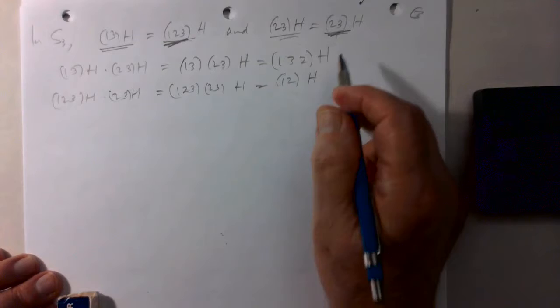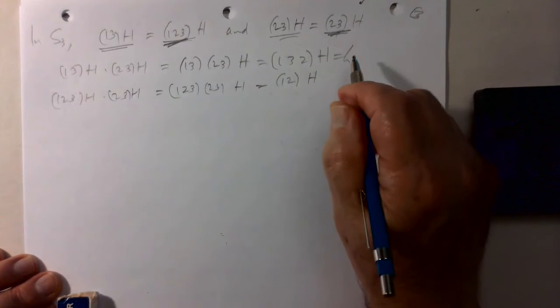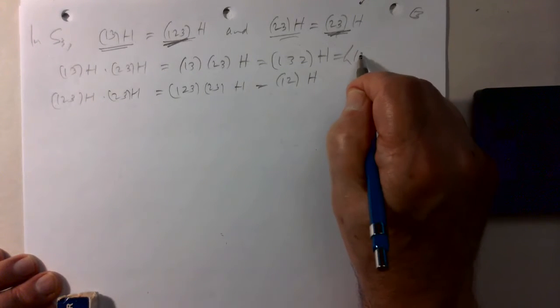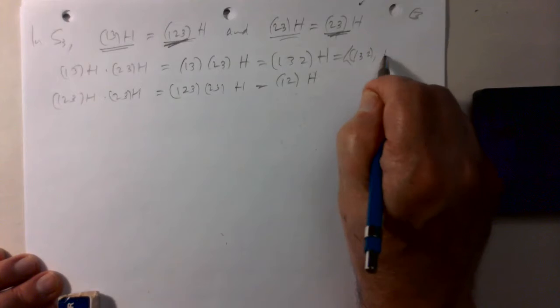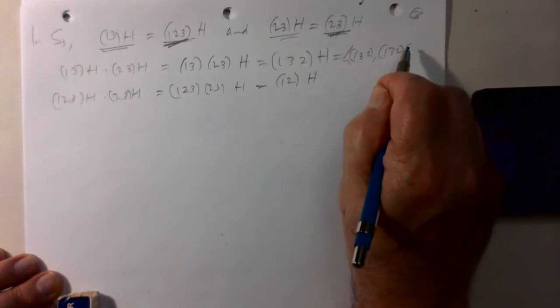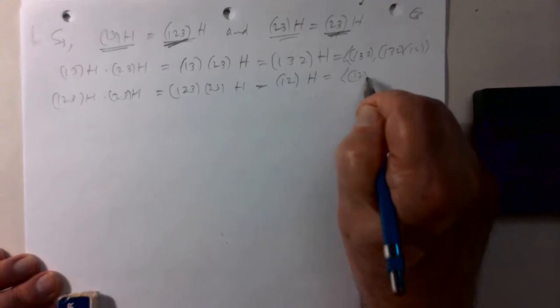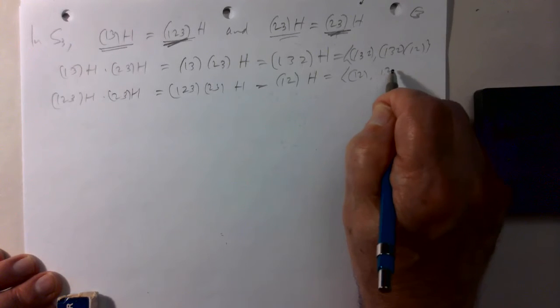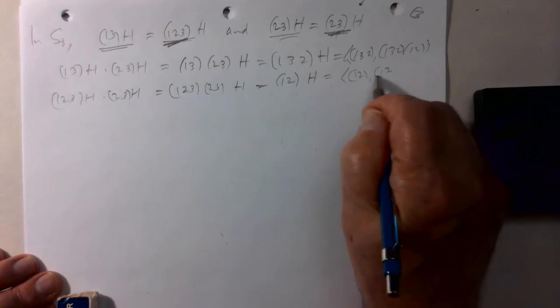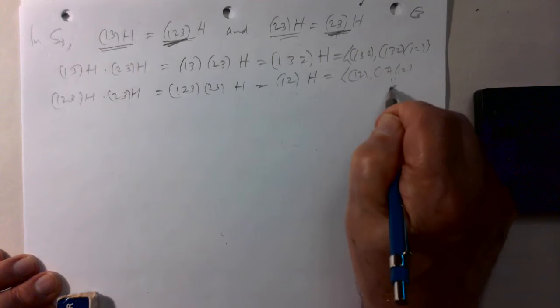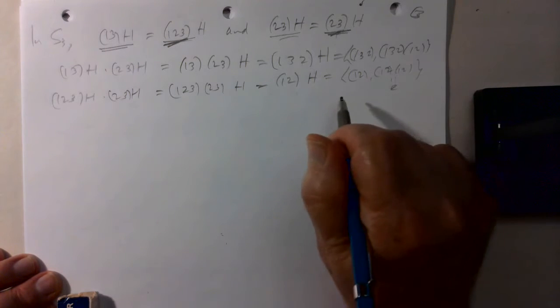So this is (1 2)H. And this is (1 2) times (1 2), which is the identity. So these are different.